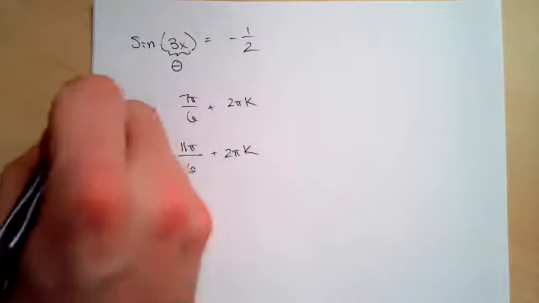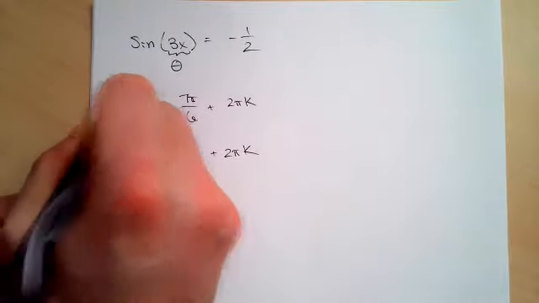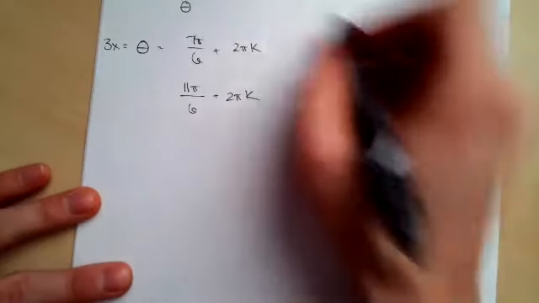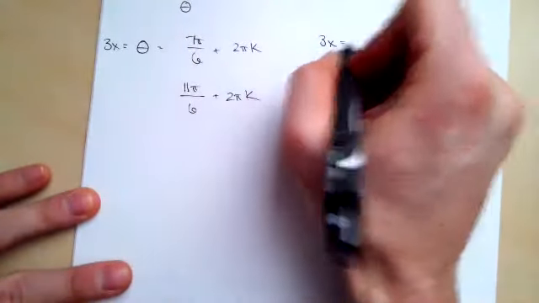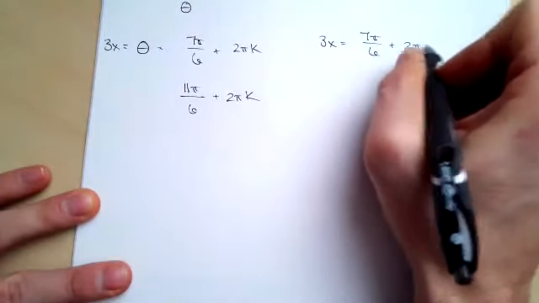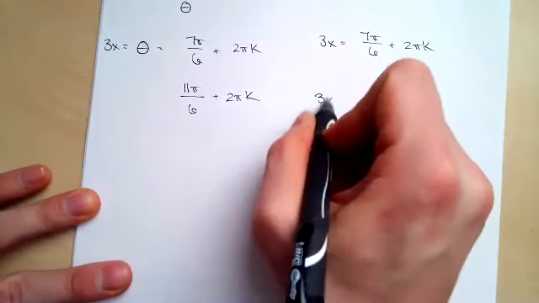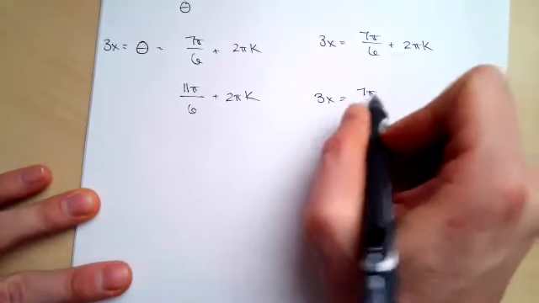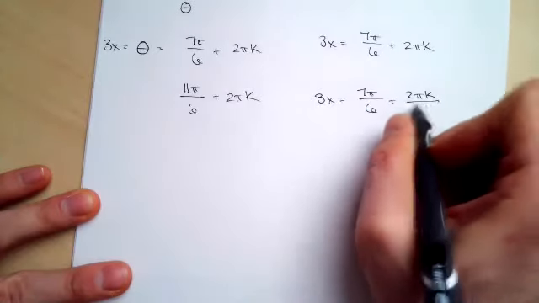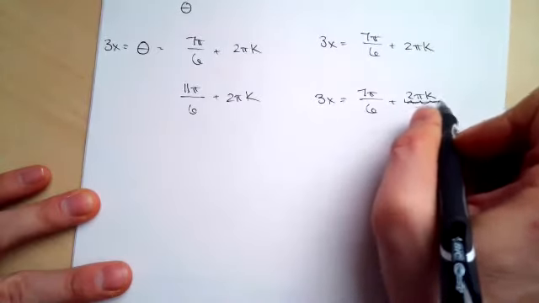We actually need to solve for x. And so what we'll have to do to solve for x is essentially take those 2 sets of equations. It's 2 pi k there.